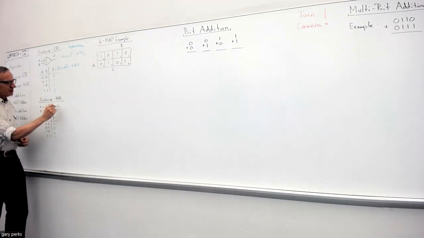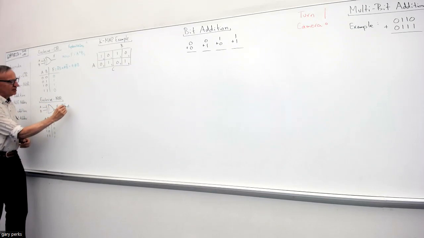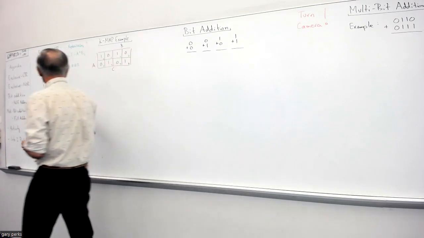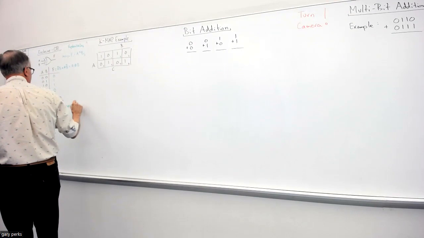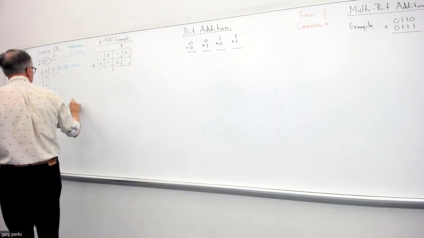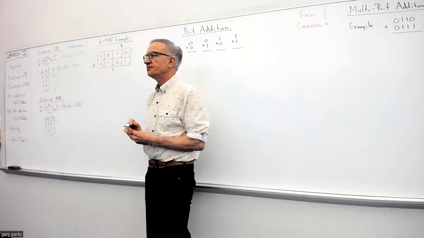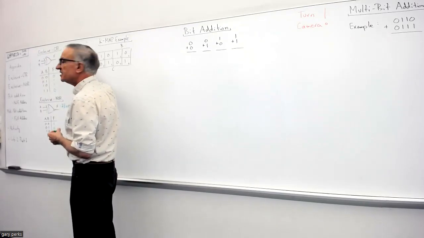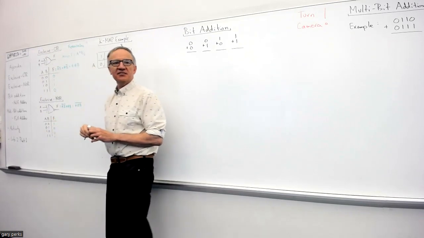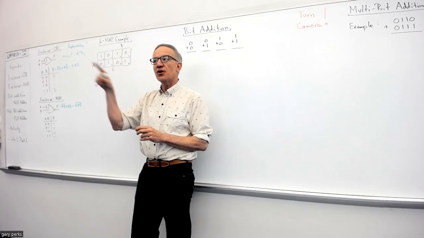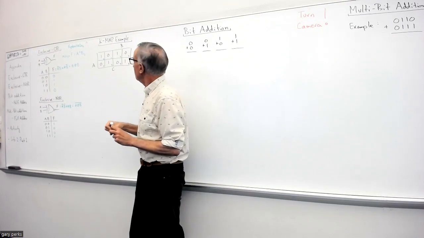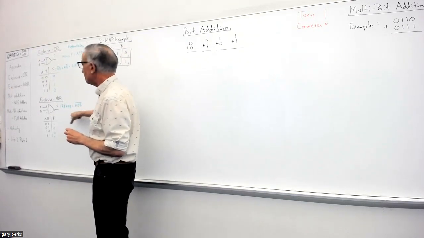The Boolean expression for F would just be NOT of A XOR B, and the SystemVerilog is similar to how you would do it for the other gates. Okay, any questions at this point?